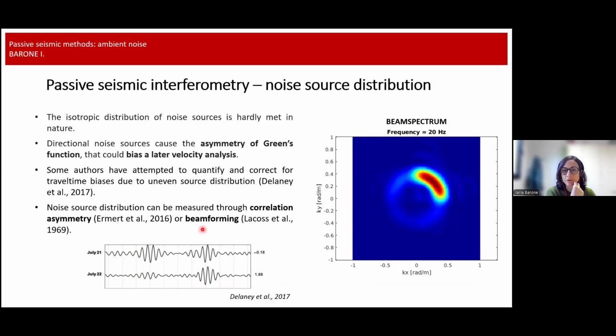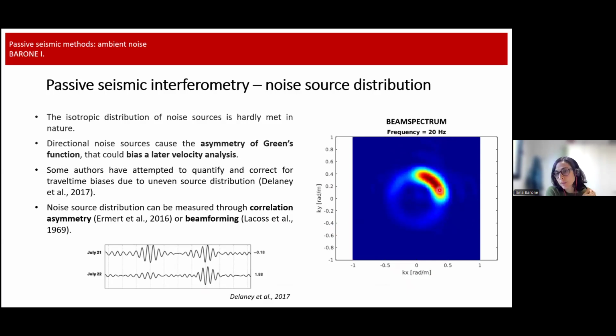This is the beam forming technique. This is a rather old technique and gives you this kind of spectra. This is the wave number in direction X. This is the wave number in direction Y. And this is a spectrum that is valid for one single frequency.